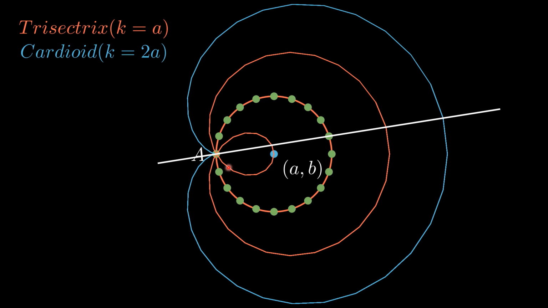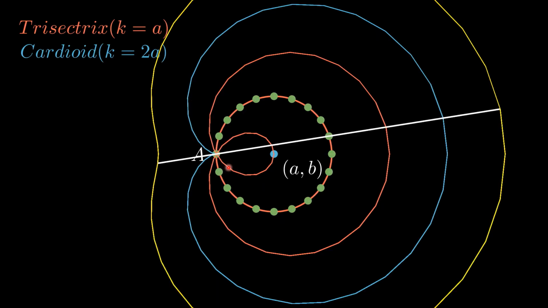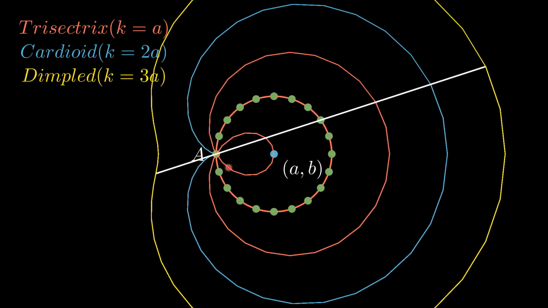What we call here is a dimpled limaçon. When k is greater than 2a, you get this dimpled limaçon. So those are three instances: trisectrix, cardioid, and the dimpled limaçon.